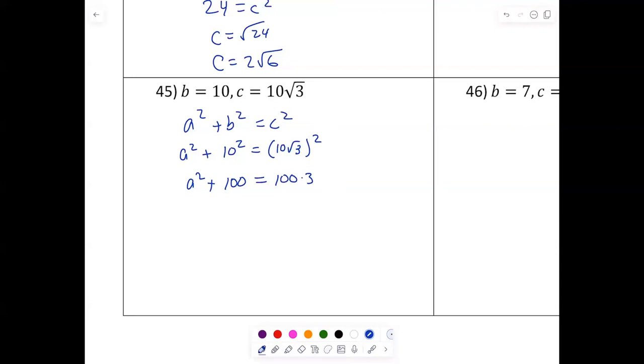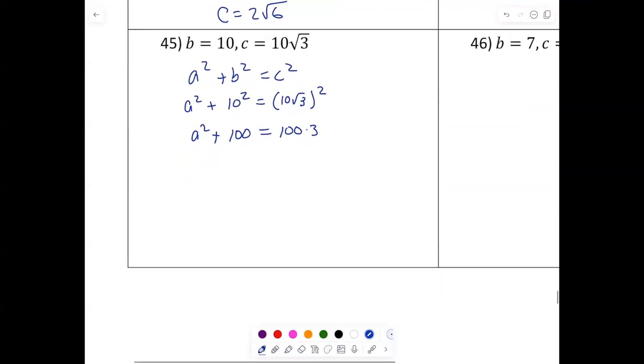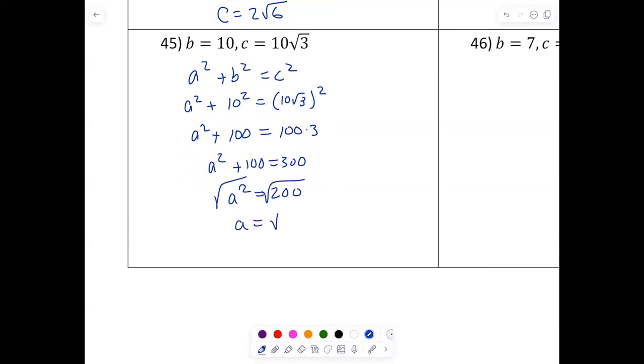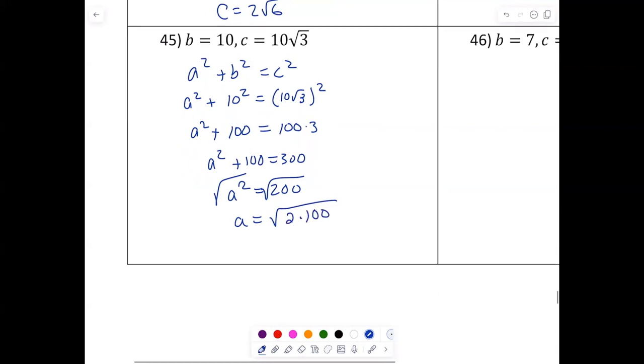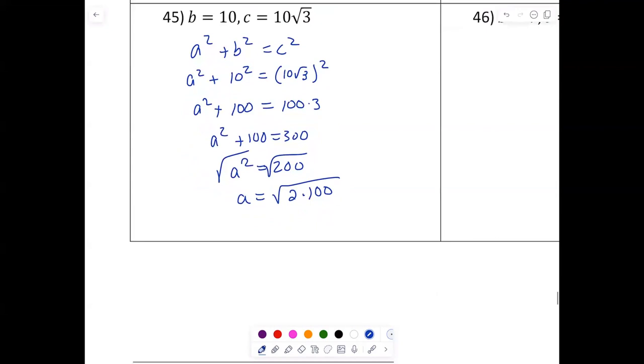Come on, guys, we got this. So a squared plus 100 equals 300. So a squared equals 200. A equals the square root of 200. 2 times 100. What's the square root of 100? 10 radical 2. A equals 10 radical 2.